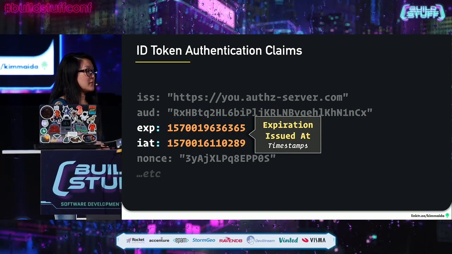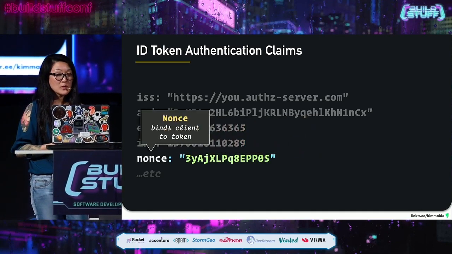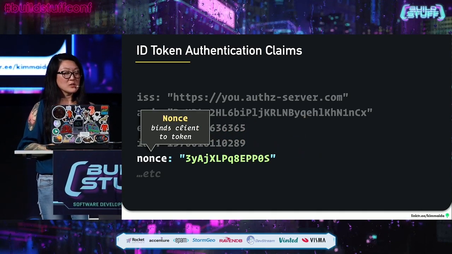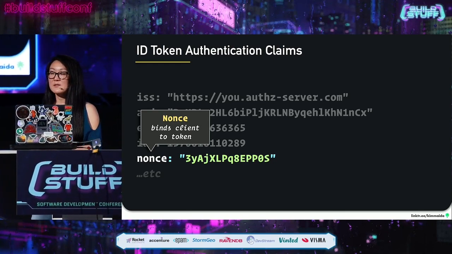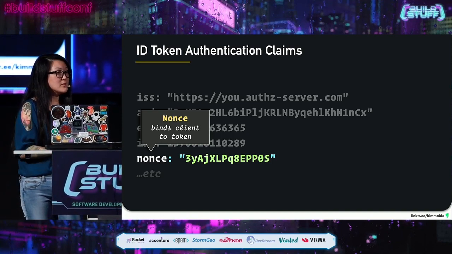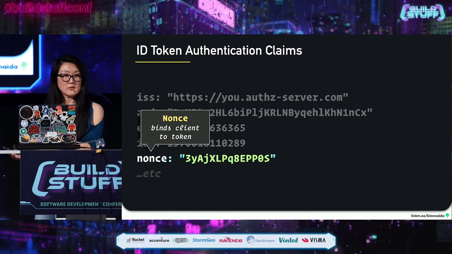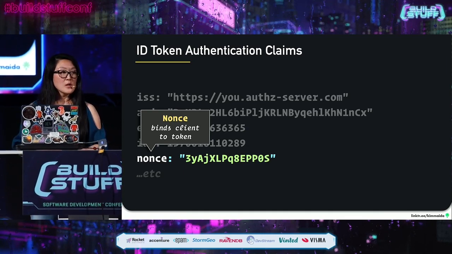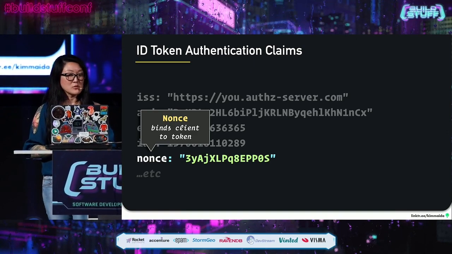We also have timestamps. These tell us when the token expires and when it was issued. And then we have something called a nonce. And a nonce is a cryptographically random string that binds the client to the ID token that it receives. What happens is the client generates a nonce, and then it sends it with the auth request to the authorization server. The authorization server then includes that nonce from the request and puts it inside the token that it issues back.